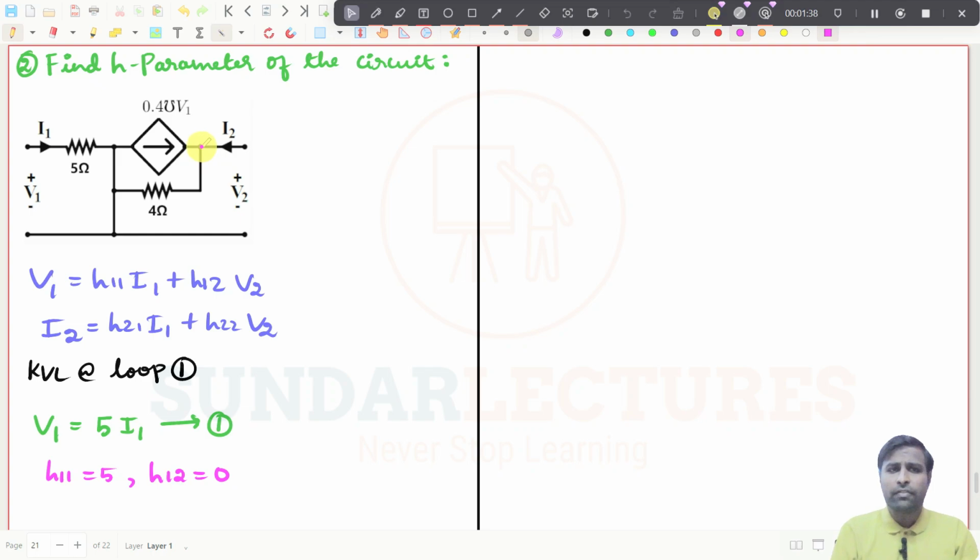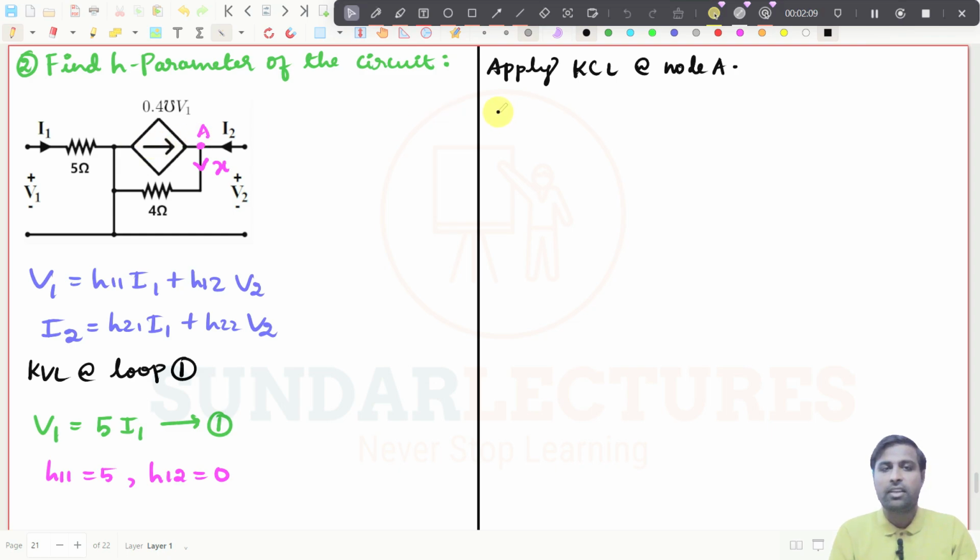Right? Maybe if I take this as a node, and I am just taking this current to be X. So what you do? You try to apply KCL at, maybe if I am taking this as node A, at node A. Then what will be the current?